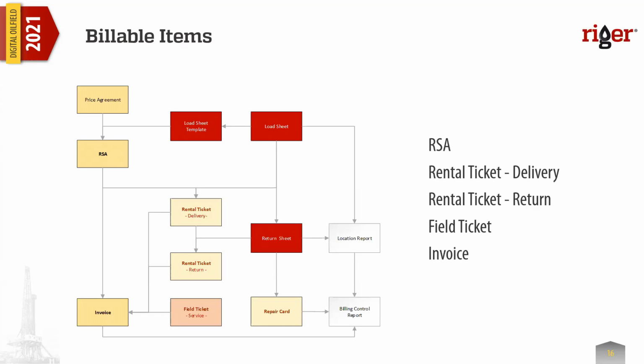Then it goes through the rental tickets, delivery and return, because rental ticket delivery and return are responsible for starting and ending the rental period for the billable item. And then in the field ticket, you also may have some services that will be billable to the client. And the final invoice will take all these documents and pull all the billable item details from all the documents under one rental job, and will calculate the total amounts.